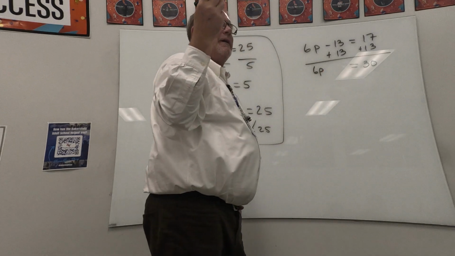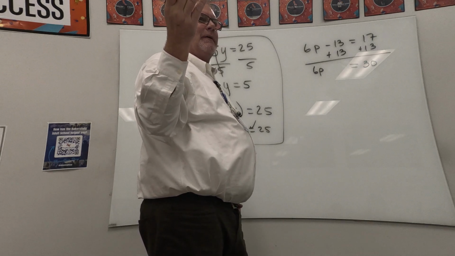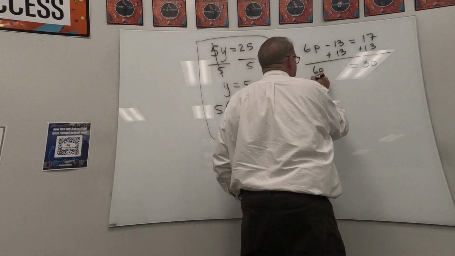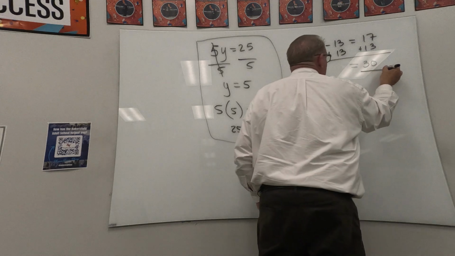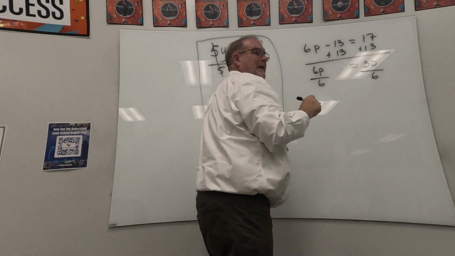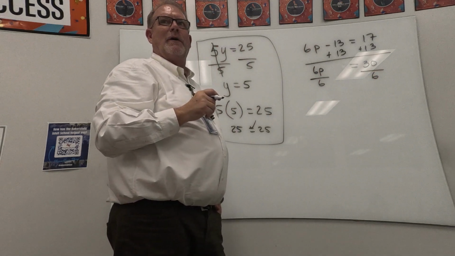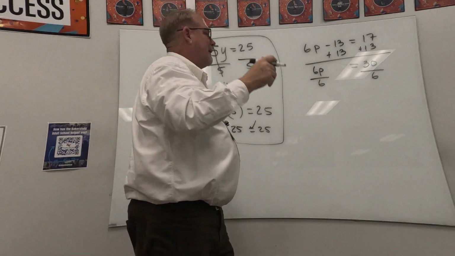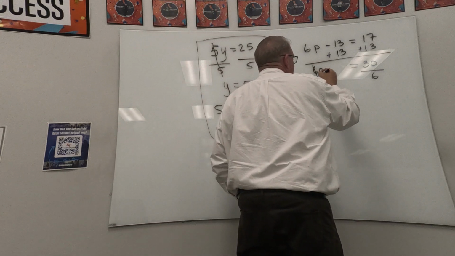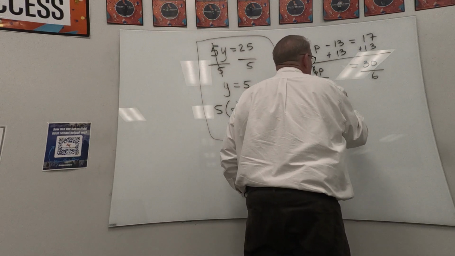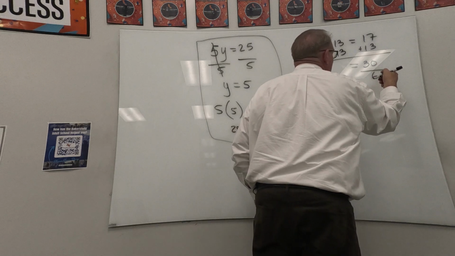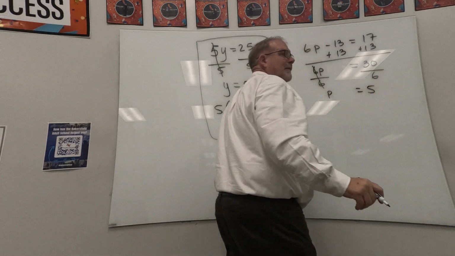So what's the opposite of times? Division. And we're going to do it by 6 because we want to get the p all by itself. Our goal is to get p equaling something. All right. These divide. Gives me p equals, what's 30 divided by 6? 5.